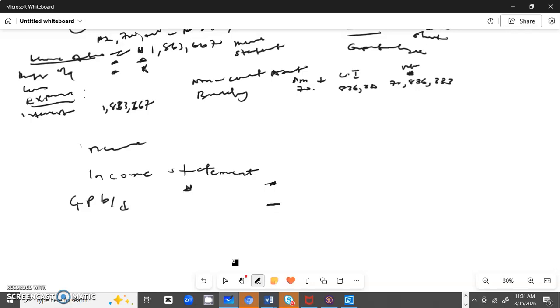And we used to have less expenses in the income statement. Now the interest expense will come down to the income statement.